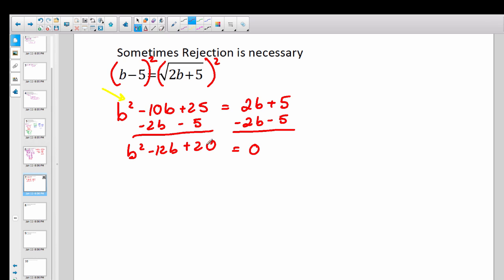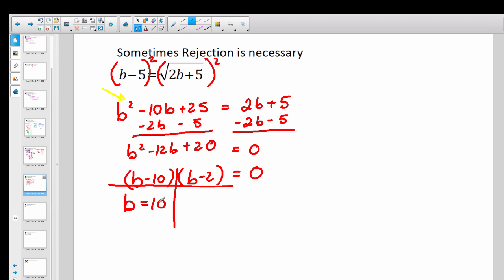Let's take a look. Yes. This can be b minus 10 times b minus 2, right? I'm just looking for what adds up to negative 12 and multiplies to positive 20. That was an old unit on factoring we did, and it's coming back to haunt you. Okay, so T-chart, b is equal to 10, and b is equal to 2.